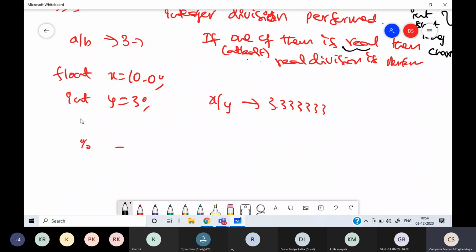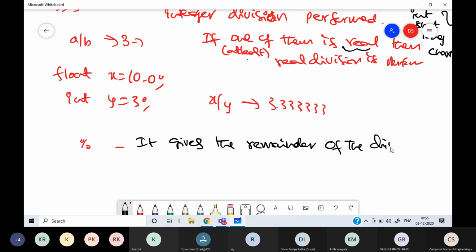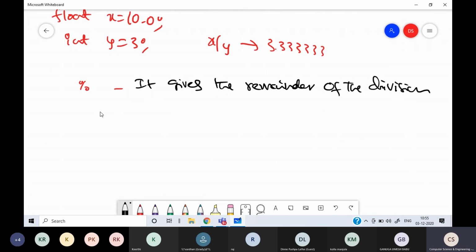Next, when I take percentage, it gives the remainder of the division. One point to note here is that when I take two variables, like a percentage b, both must be integers.